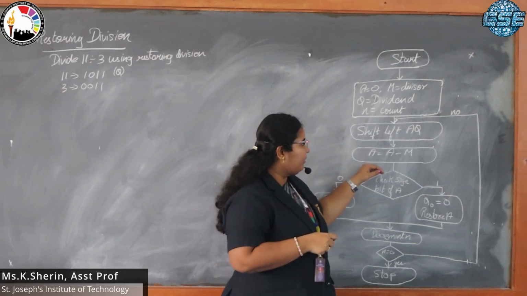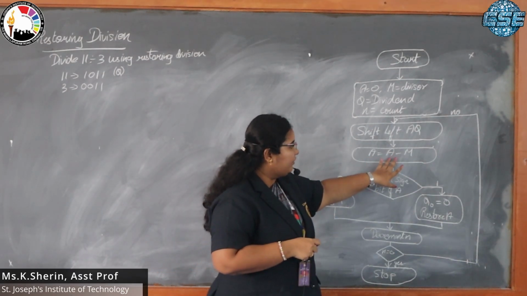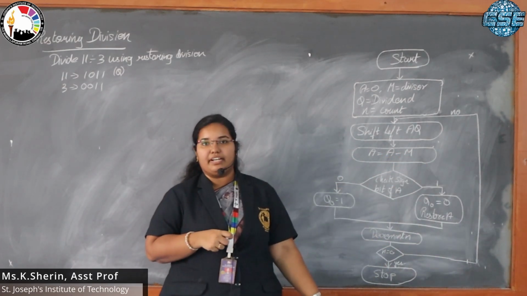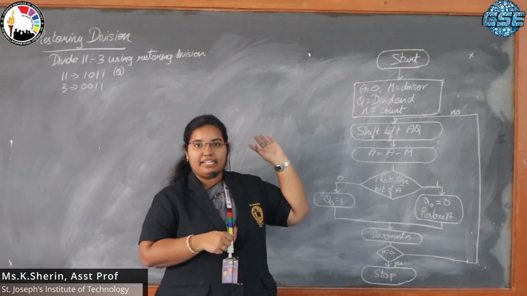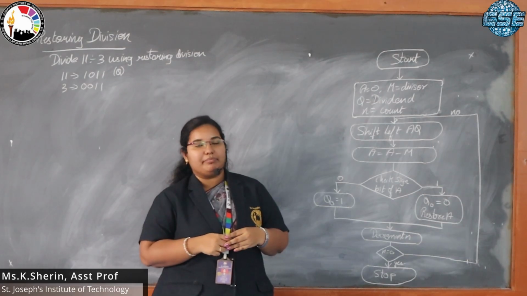And the next step is A is equal to A minus M. Over here, A is my initialization value, and M is the divisor value. When it comes to minus M, I am just using the 2's complement method.